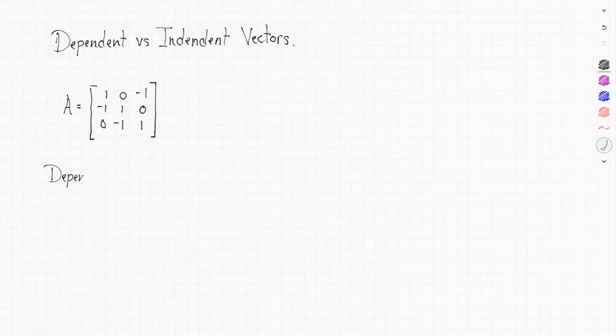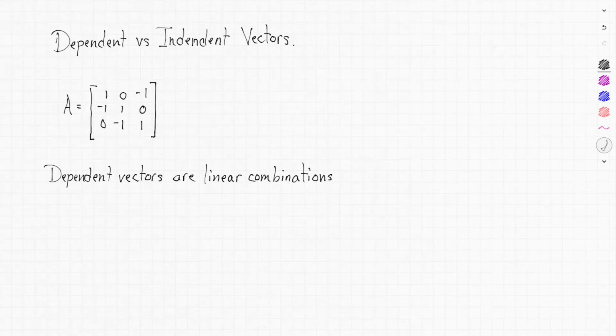Dependent vectors are linear combinations of other vectors.